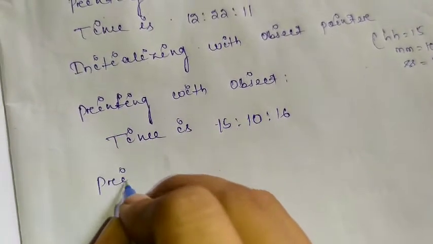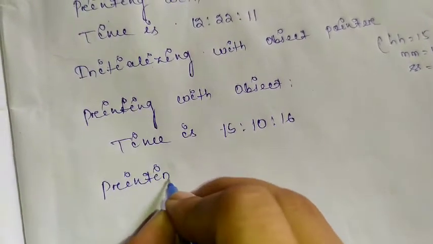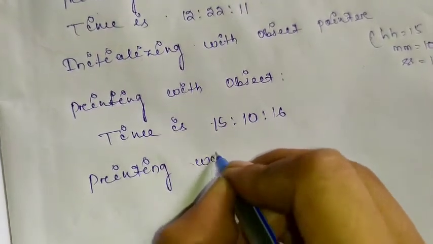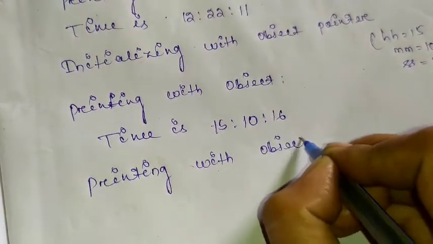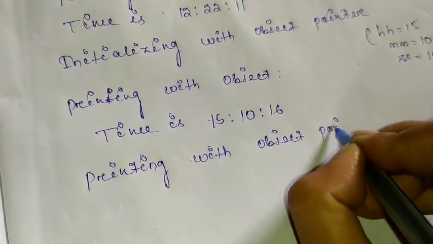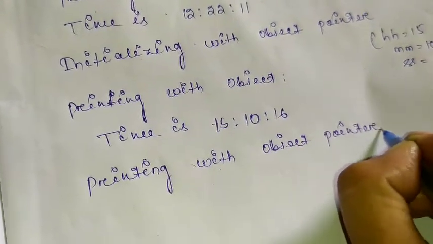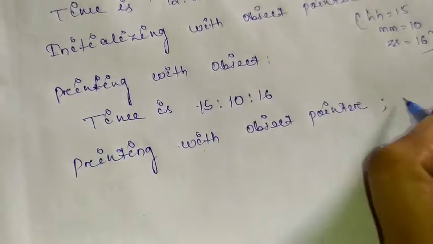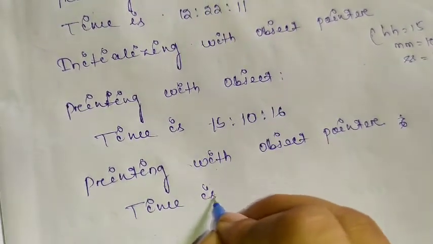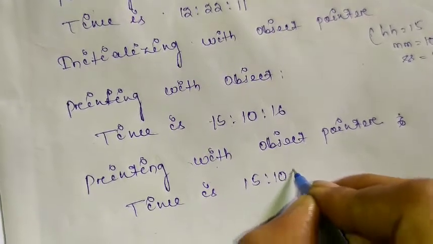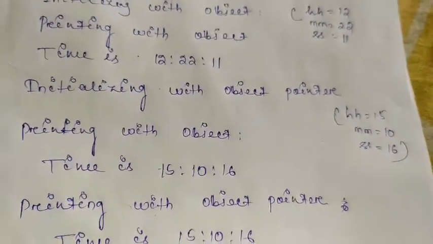And next, printing with object pointer. Then your time is the same.